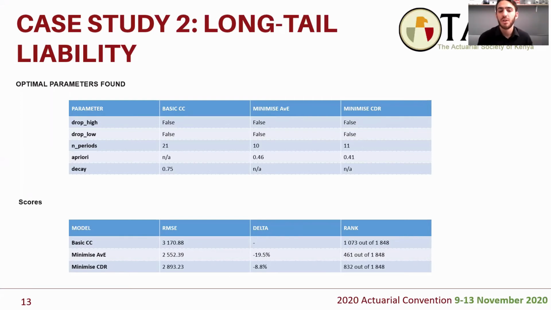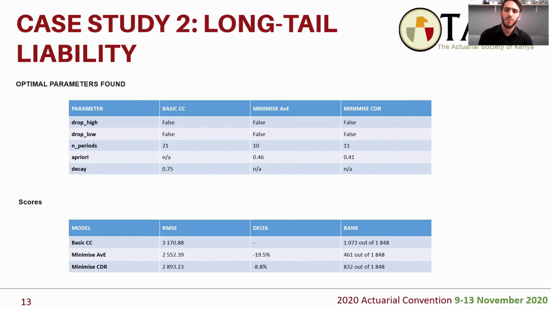And the number of periods over which we calculate these development factors is 21, which in this case is all the available development periods or accident periods. The a priori doesn't apply for the Cape Cod, so that's not applicable. And then we use the rule of thumb of 75% for the decay parameter. So this is a very good, strong base to compare against and is one of the best practice reserving methodologies.